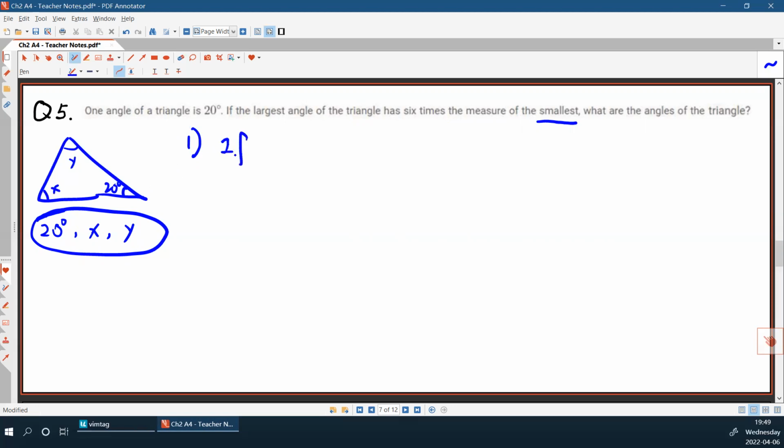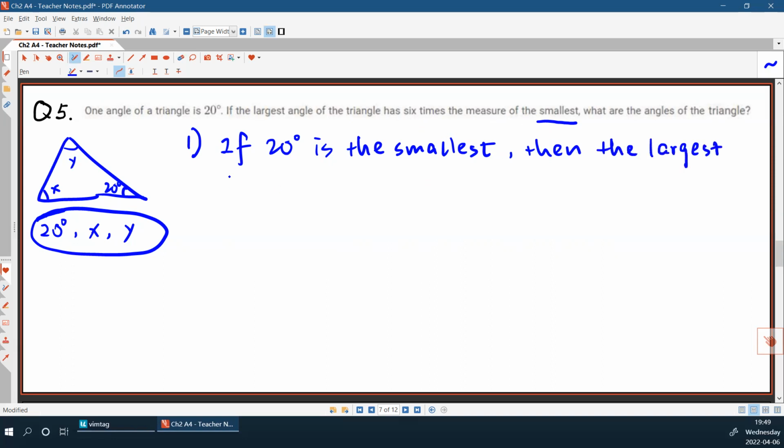First, if 20 degrees is the smallest, this is possible, right? Can you follow me? Okay, if 20 degrees is the smallest, then what will happen? Then we know that the largest is 6 times the measure of the smallest. Then the largest is 20 degrees times 6, which is 120 degrees, right?